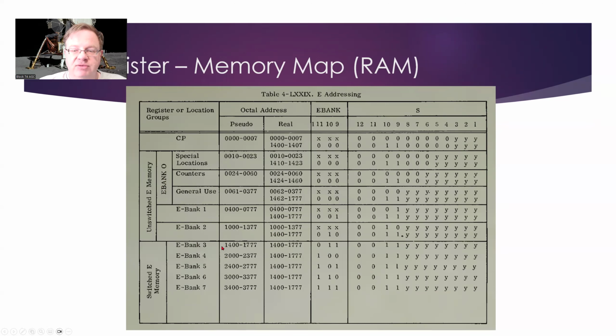So each of these banks is notionally 1024 bits, but of course we have a little bit of overlap with some of these special locations that are basically addressable regardless of which bank is being used.